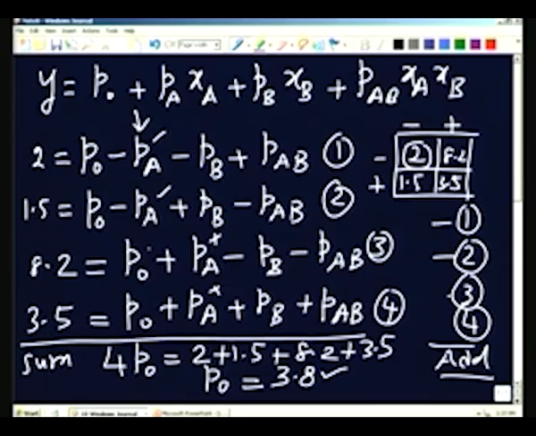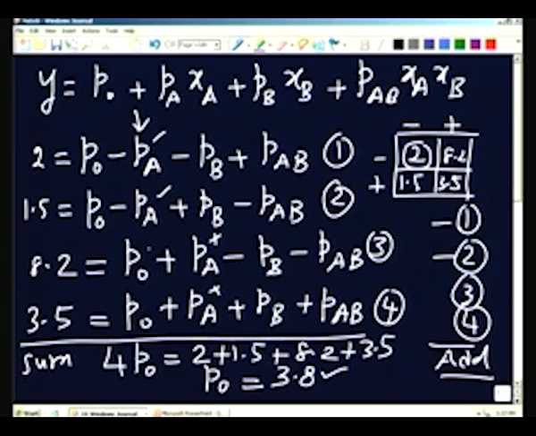In fact, this is like 3 minus 1, 4 minus 2, right. Equation 3 minus equation 1 involves the difference between these two, and similarly 4 and 2, the difference between these two. These are referred to as contrasts.